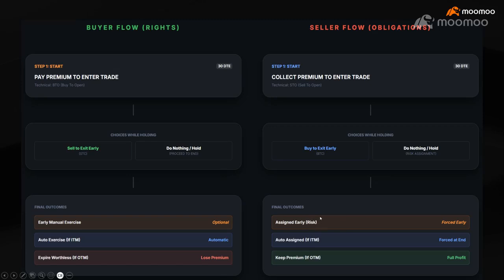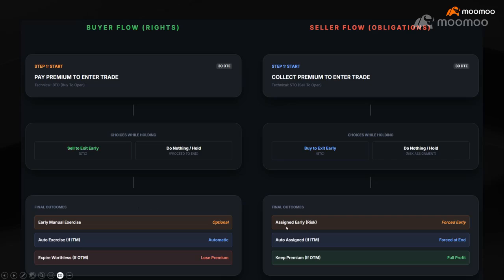For example, if the buyer of a call option is in the money and wants to exercise early, the seller, no matter what, has to sell the underlying to the buyer, even before the expiration. This is why we say the seller has the obligation to fulfill the buyer's rights.